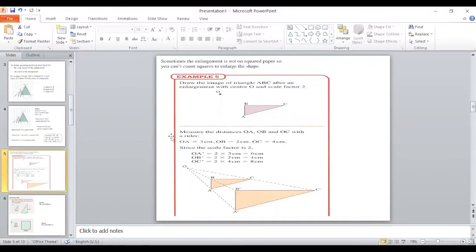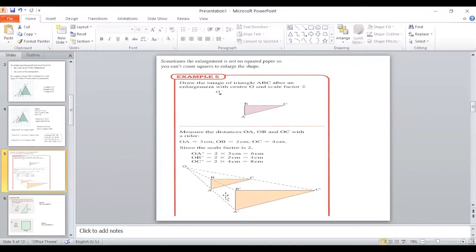This is example 5, which shows you how to draw the image of a triangle without using square paper. How can you draw the enlargement of this triangle? You see that the center of the enlargement is O. Now, using a ruler, you have to carefully measure all the distances from the center O to these vertices OA, OB, OC.